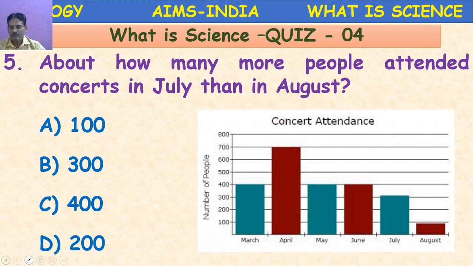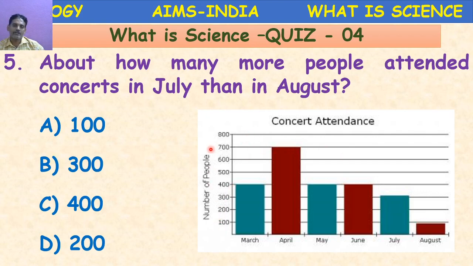About how many more people attended concerts in July than in August? Here the months are given: March, April, May, June, July, August. Out of which, how many more people attended in July compared to August? So what you have to do here?